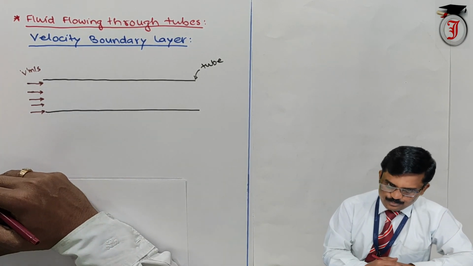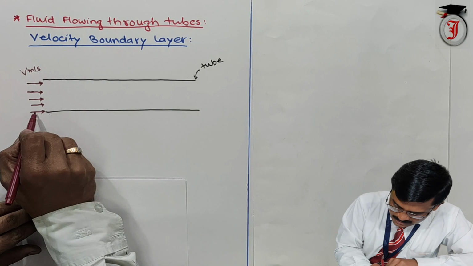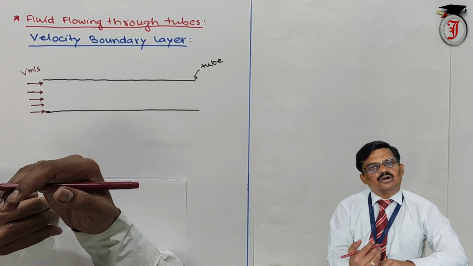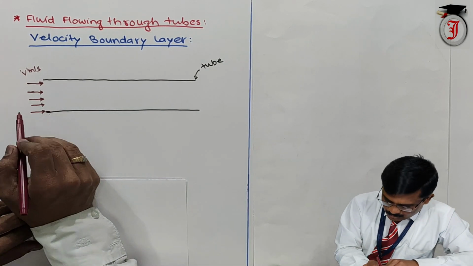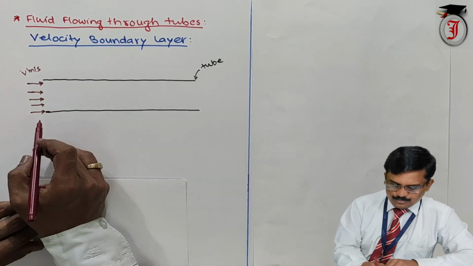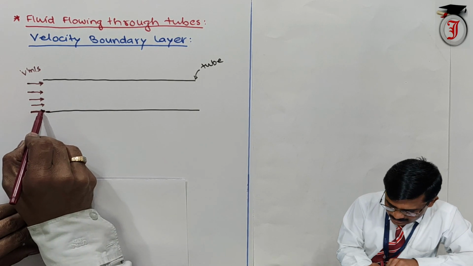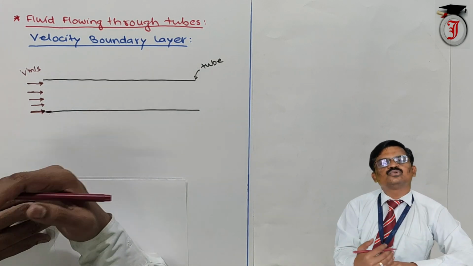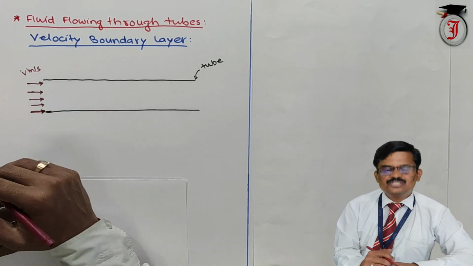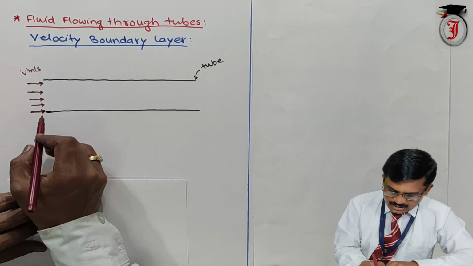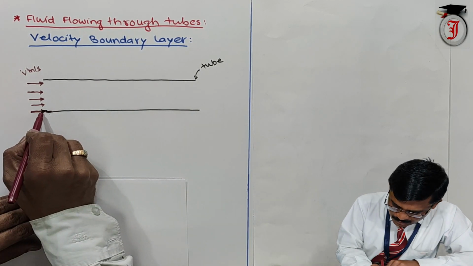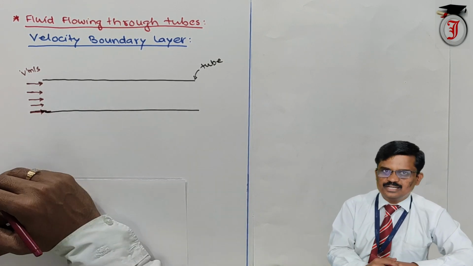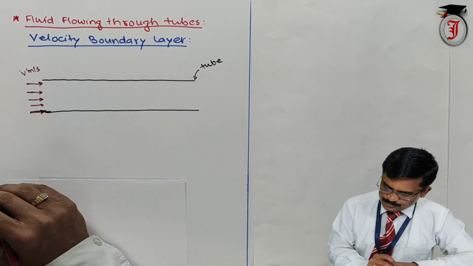of external flow, when the layer of fluid particles comes in contact with the surface of a tube, it comes to a complete stop. Due to the no slip condition, the velocity of the first layer of particles becomes 0.